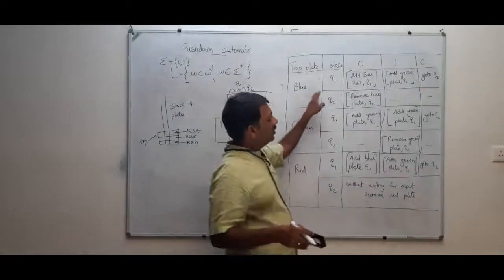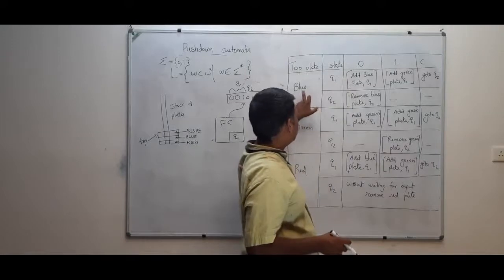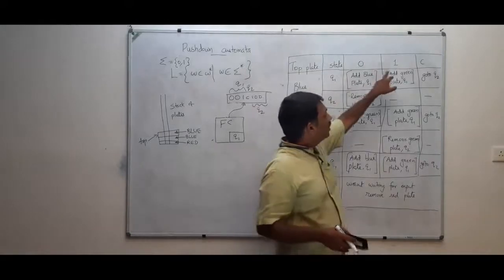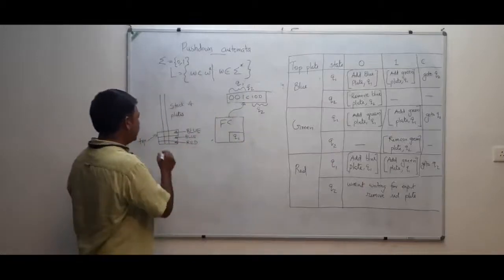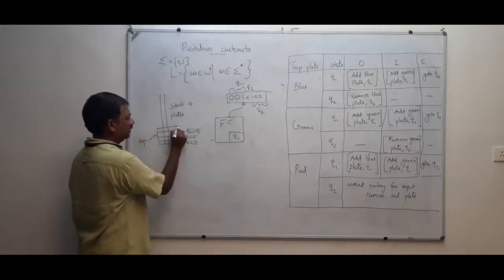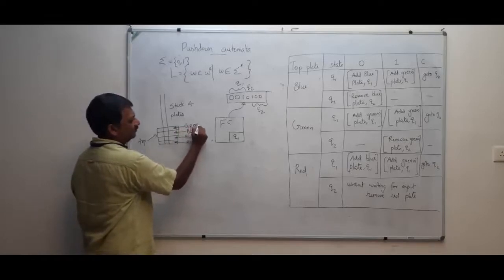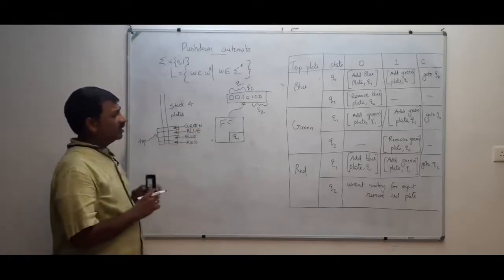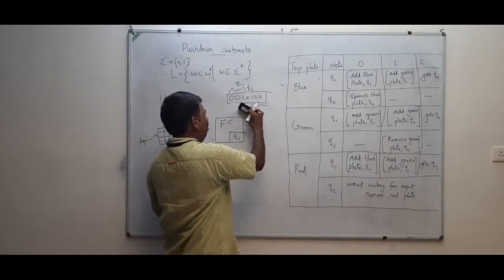Here we are in state Q1, current top is blue, and as the finite control is pointing to 1, you are going to add green plate. This is green. Okay, next is the symbol C.